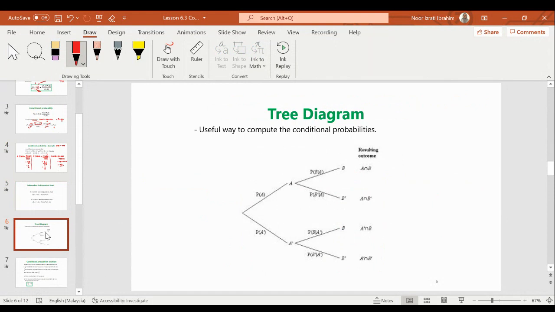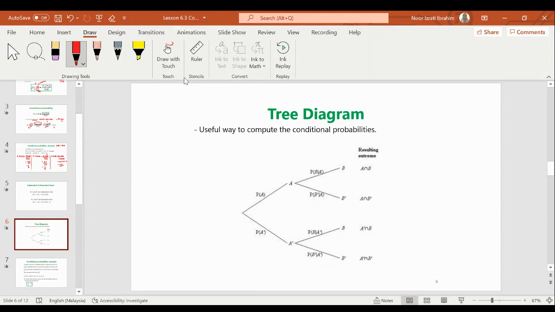Next, you will learn how to construct and understand the tree diagram. A tree diagram is used to compute conditional probability and also to find the probability of intersection using the rule of multiplication in an easy and fast way.